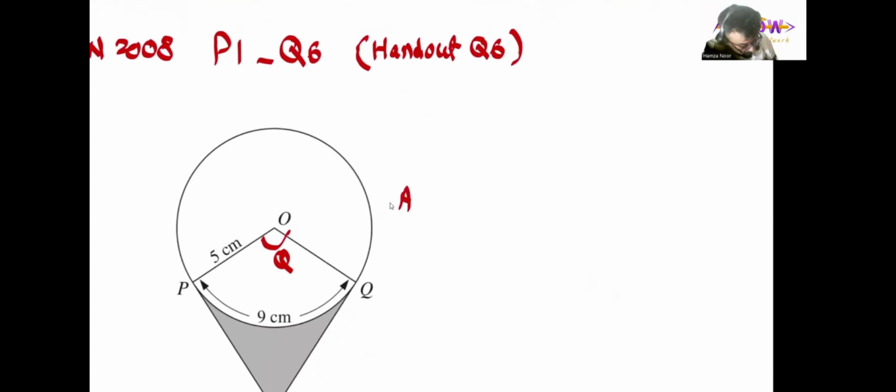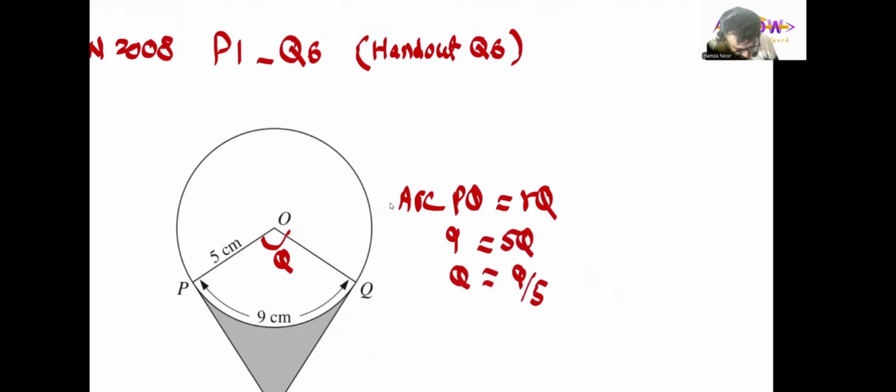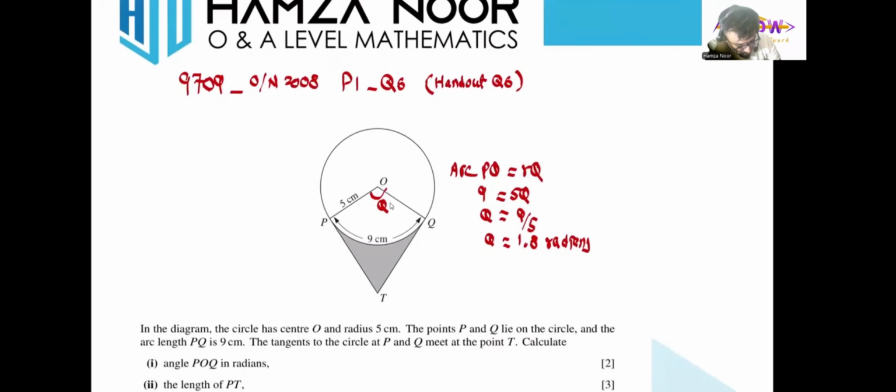Arc PQ equals R multiplied by theta. Arc PQ is given to us and the radius is 5 centimeter, so theta is equal to 9 over 5, which is 1.8 radians. As simple as that, this was the answer of part 1.